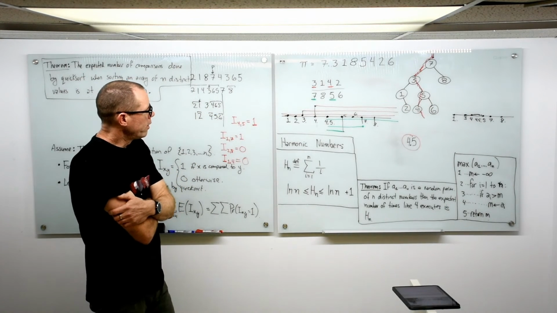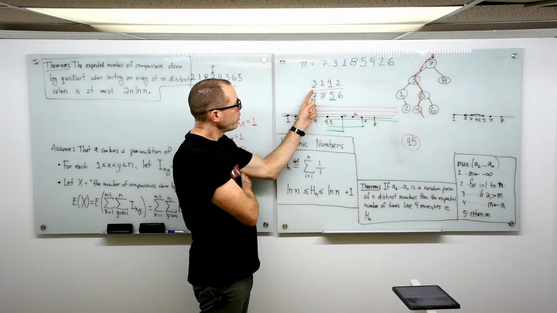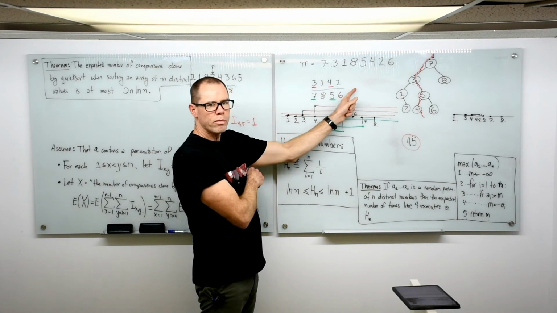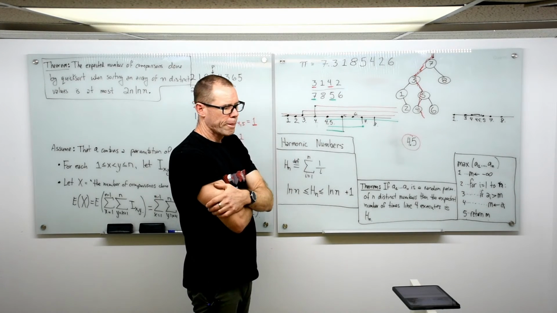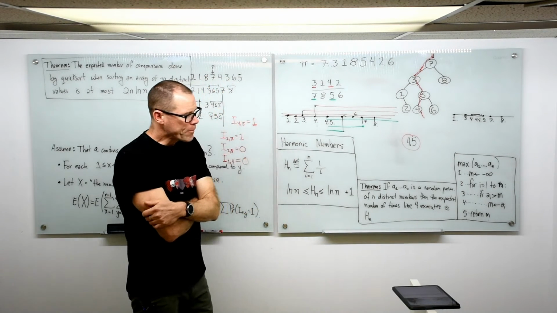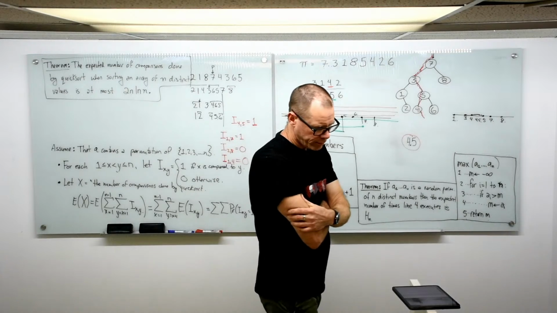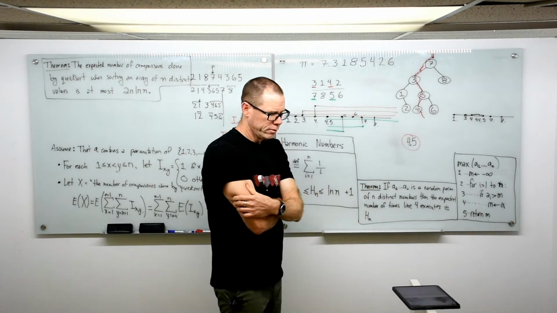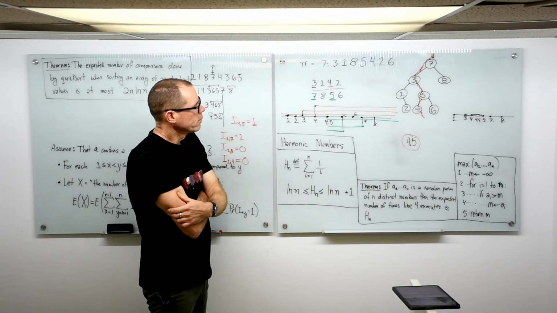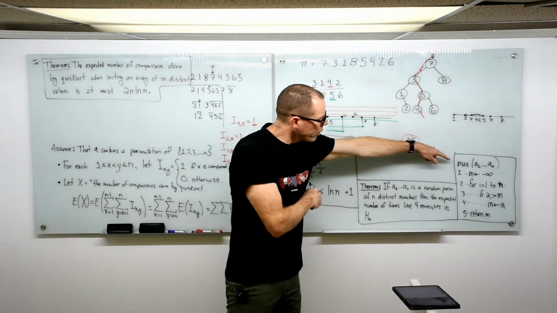So if I want to compute the maximum value in this sequence of numbers, what happens? Here's an algorithm for computing it.